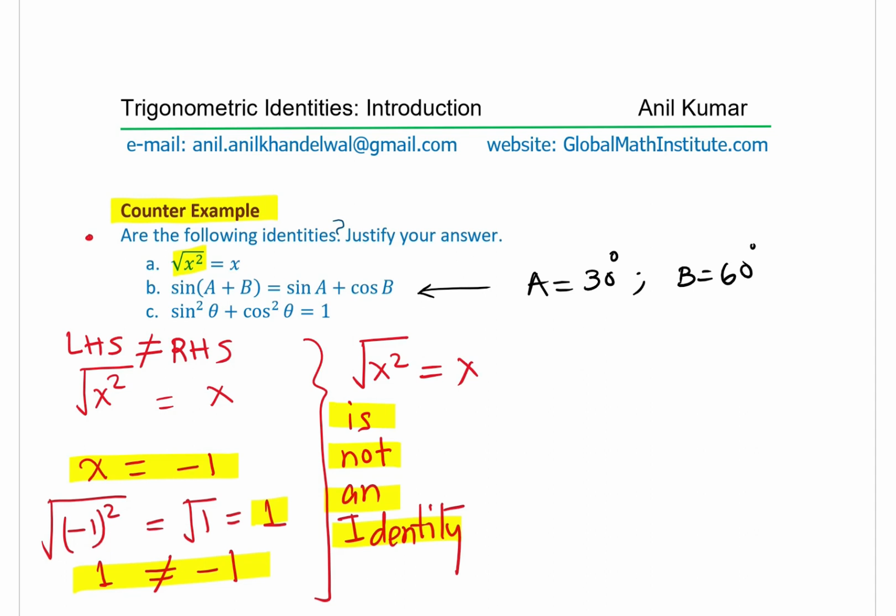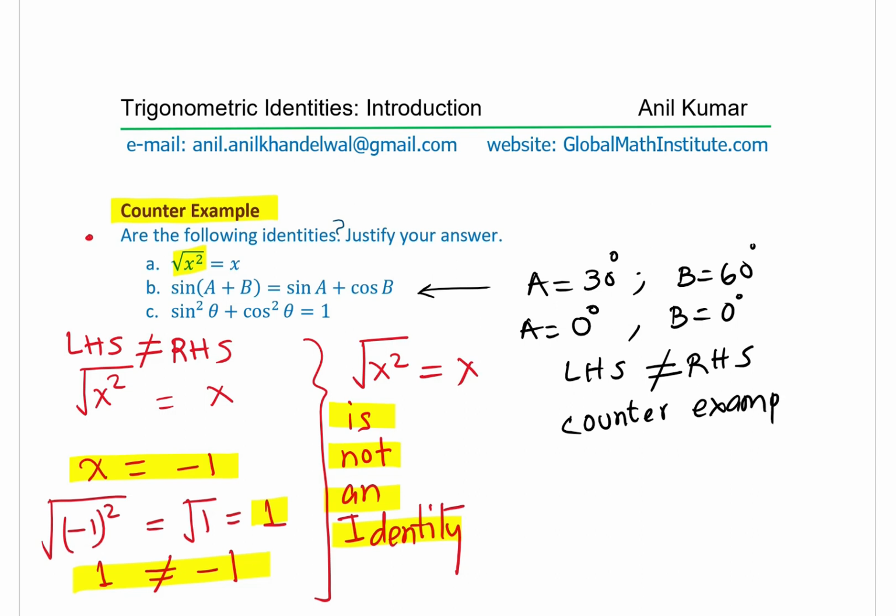You could also take A as 0 degrees and B also as 0 degrees and work it out. Correct? So sometimes it may work out to be correct, but not always. If you get left hand side not equal to right hand side, then that becomes a counterexample. Perfect. And then you can say whether it is an identity or not.